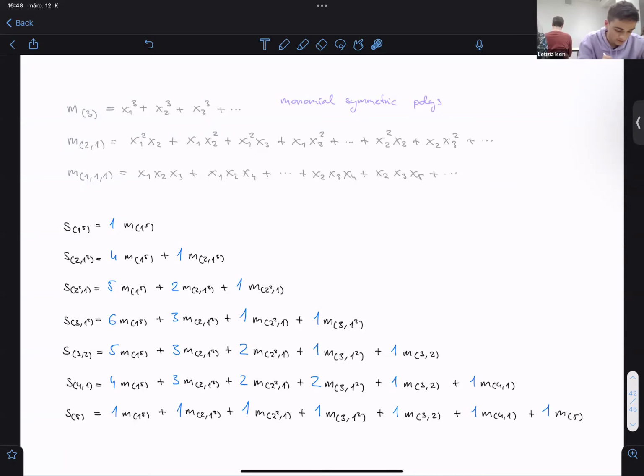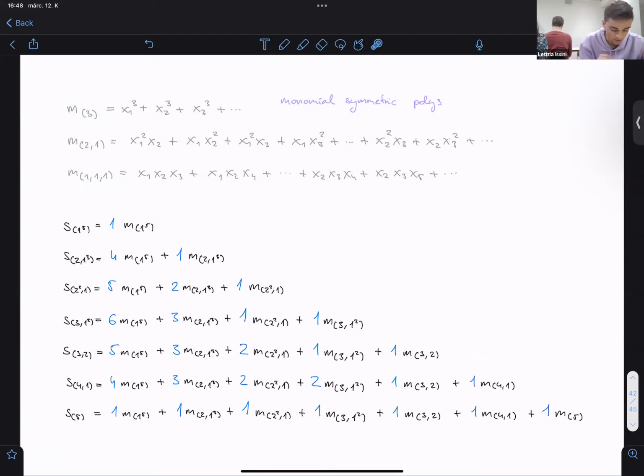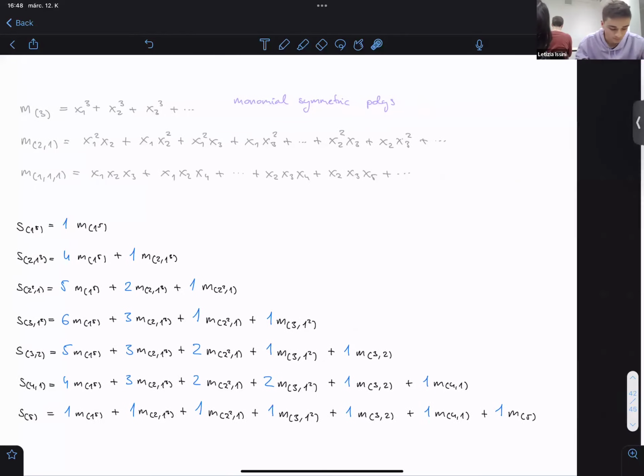And if we expand Schur polynomials in terms of monomial symmetric polynomials, then the transformation matrix is going to be unipotent. So if monomial polynomials were a basis, then Schur polynomials also have to be a basis.